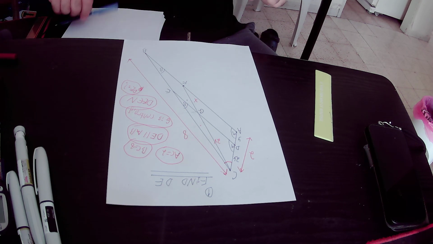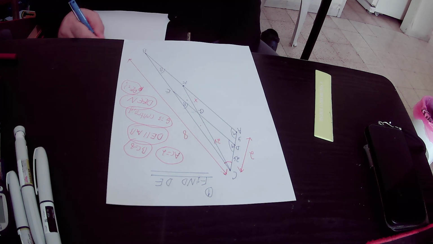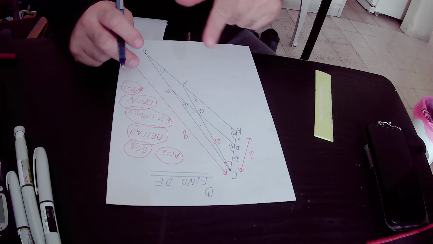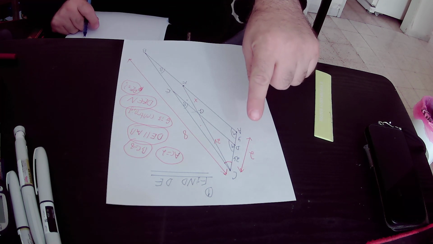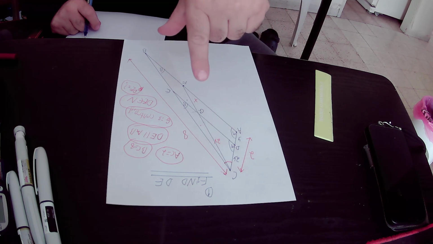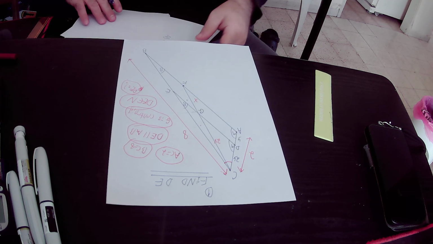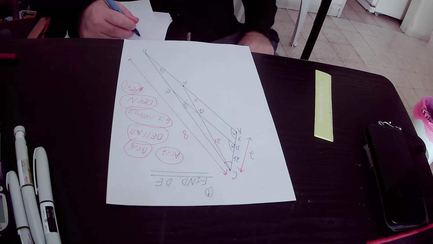We can say that the size of AB will be less than the size of AC plus BC, so the size of AB will be less than the sum of the other two sides, that is to say, AB is less than AC plus BC, and it will be greater than the difference of the other two sides, that is to say, greater than the absolute value of AC minus BC.